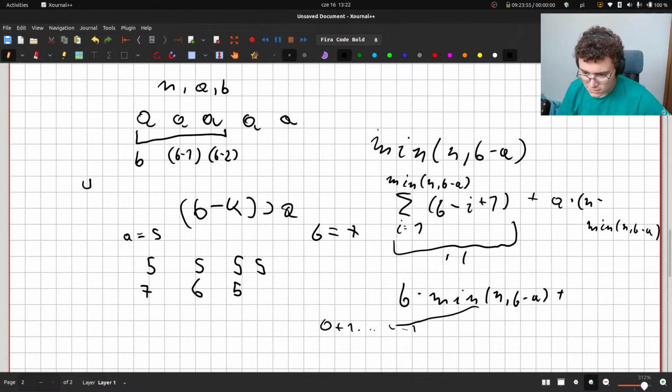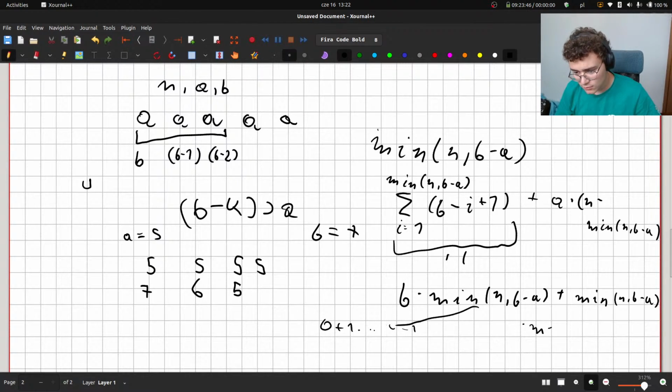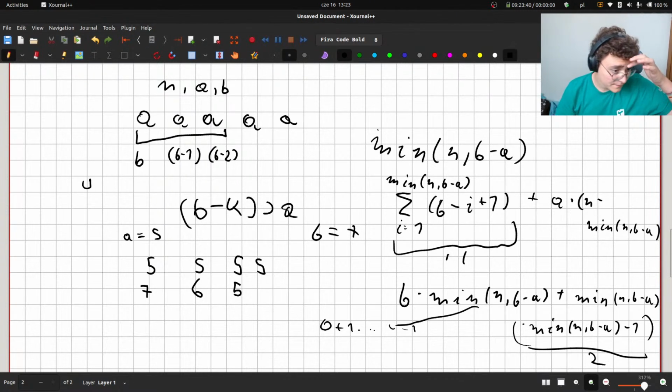So this is minimum of n and b minus a times minimum of n and b minus a minus 1, divided by 2. So yeah, I hope everyone understands this.